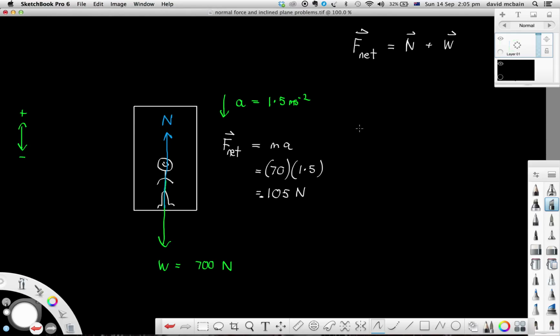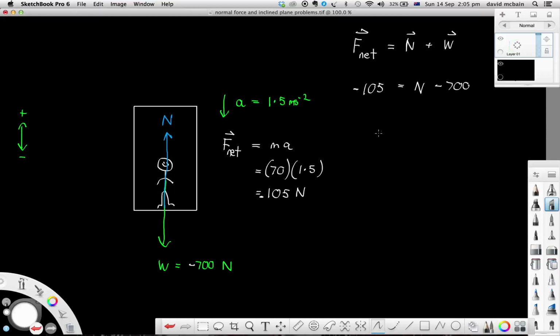So let us now see if we can work out the normal force. So the net force, which is negative 105 newtons, is going to equal the normal force, which is what we don't know, plus the weight force. Well, the weight force is negative 700 because it's acting down also. So there we go.